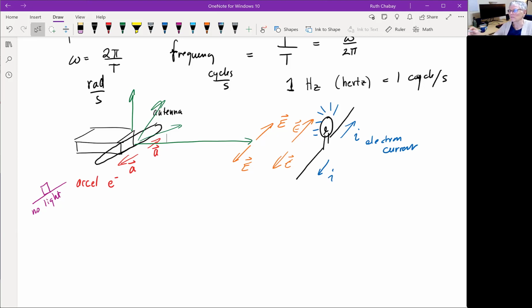So in this diagram here, if we looked at some location, say here, we'd have a radiative field due to this antenna, but we actually would have a tiny bit of a contribution from the electrons oscillating in this wire here.